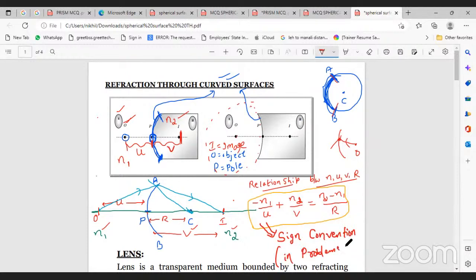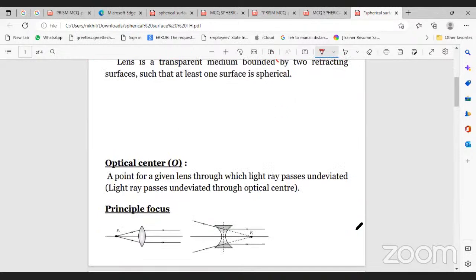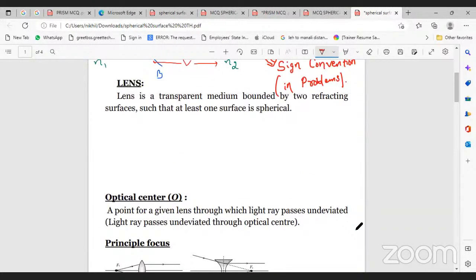Whatever sign convention you have studied in the case of mirror, you have to use the same type of convention in the curved surface also. Got it? Yes, sir. Come to the next concept, that is lens.